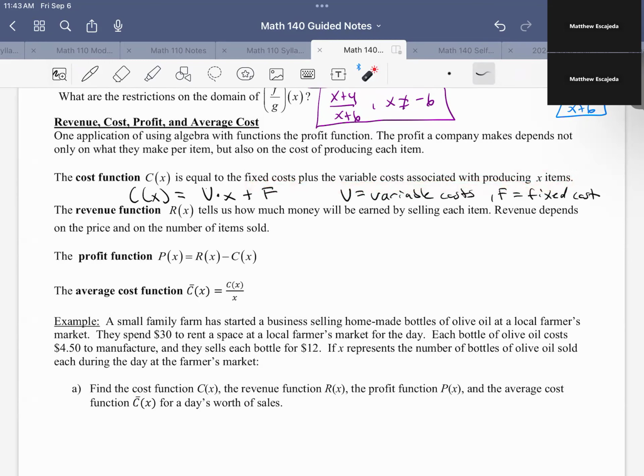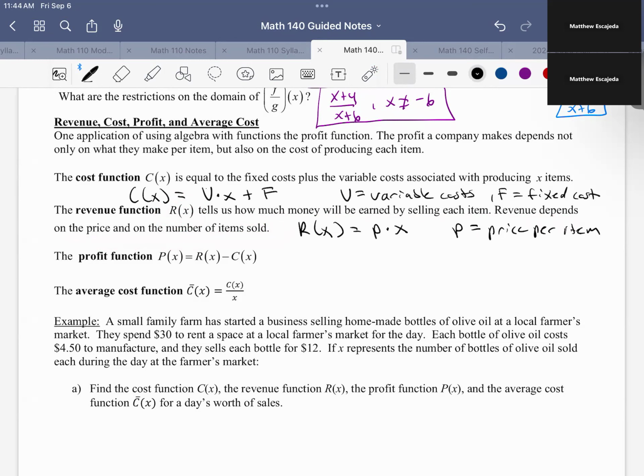Okay, so the next function is the revenue function, denoted as capital R of X. This tells us how much money will be earned by selling each item. Revenue depends on the price and the number of items sold. So a revenue function looks something like capital R of X equals P times X, where P is just the price per item.